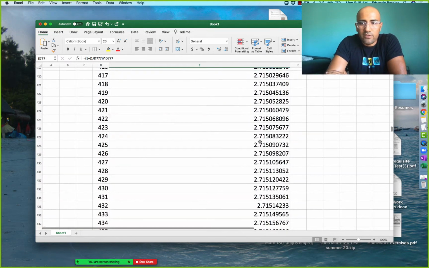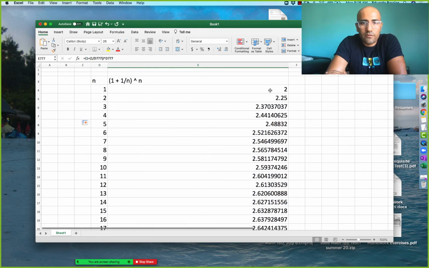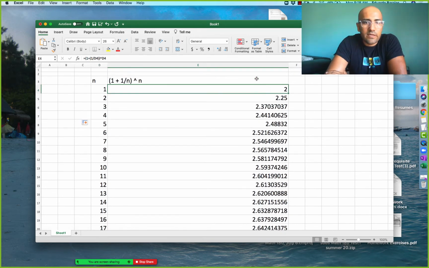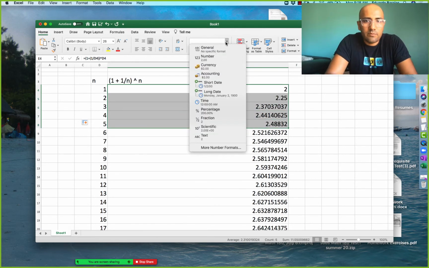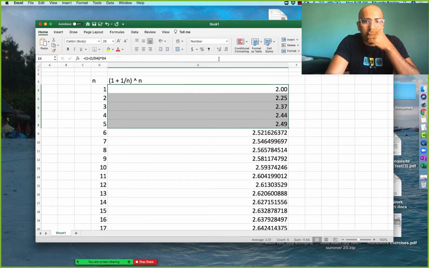Let's make a couple of changes up here. First of all, let me set it to a specific number of decimal places.